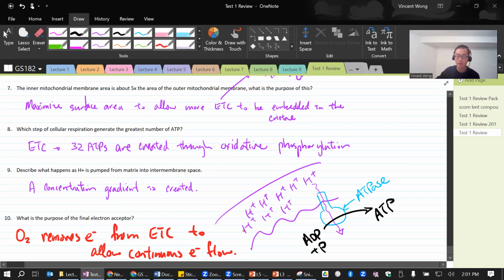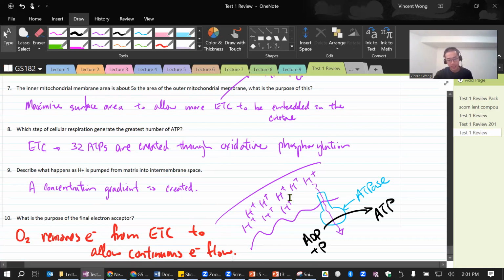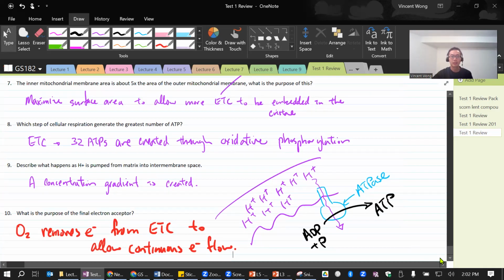If the kid at the bottom of the slide does not go away, then the next kid cannot slide down. If the electron is not removed from the ETC, the next electron cannot slide down. If the electrons are not flowing down the ETC, you're not pumping the H plus. Without the H plus, you cannot create ATP, right? That's why we need to have the oxygen.